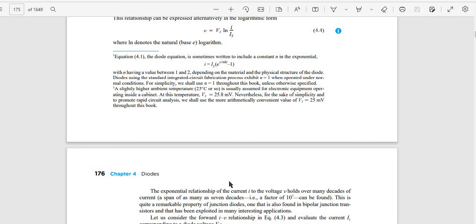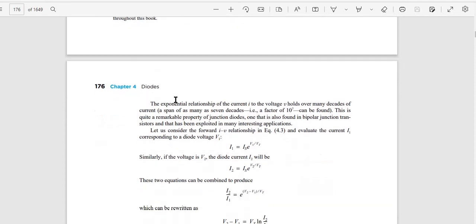At this temperature Vt is approximately 25.8 millivolts. Nevertheless, for the sake of simplicity and to promote rapid circuit analysis, we shall use the more arithmetically convenient value of Vt approximately 25 millivolts throughout this book.